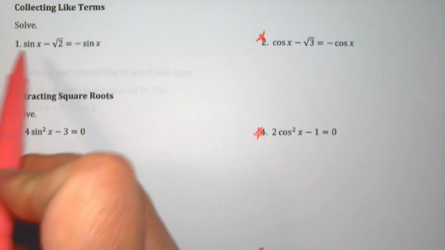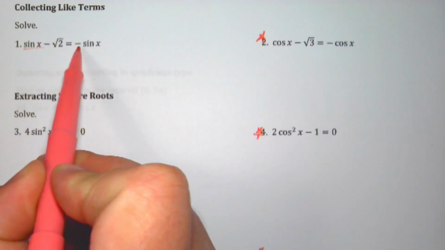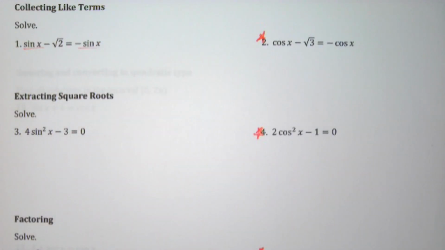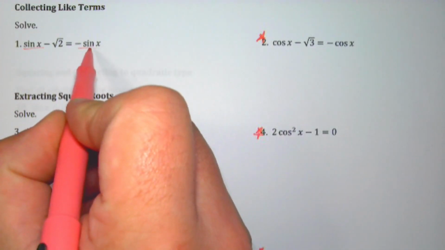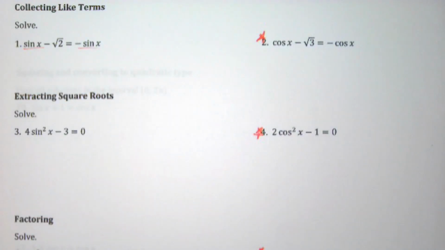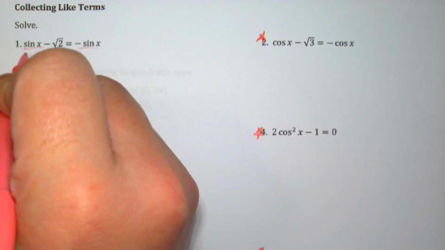Well, what does that mean? We have a sine on the left, a sine on the right. If we had just an x on the left and right, we would combine like terms, right? We'd move that variable over. We're doing the same thing where we move that whole function over. So I'm going to add the sine of x over here to the left, and we're always going to get every function onto one side, and then all the numerical values onto the other.